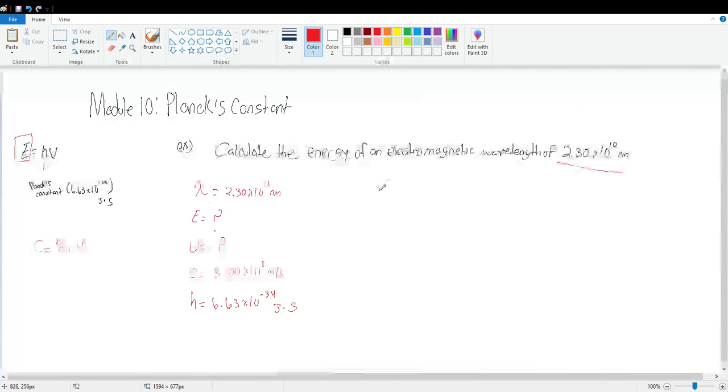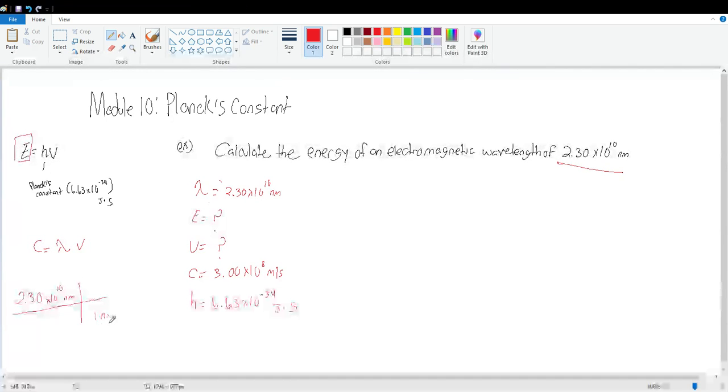For this explanation, I'm going to convert first, to begin the math process. We have 2.30 times 10 to the 10th nanometers.